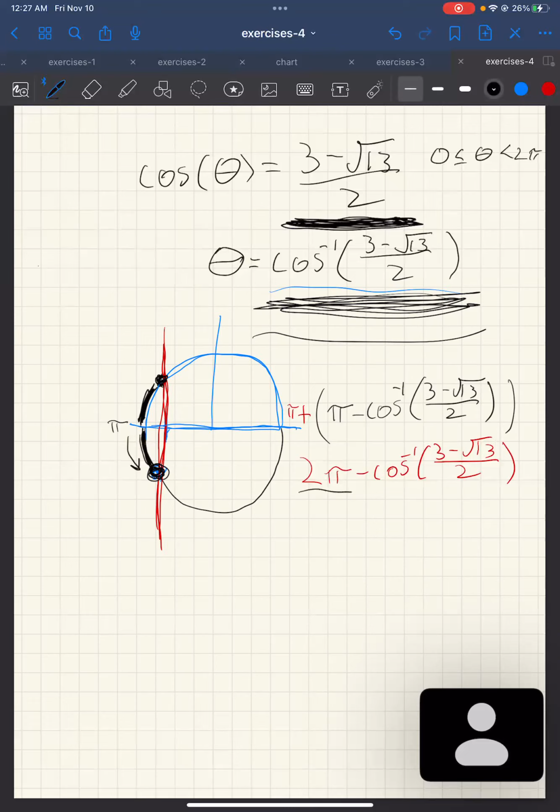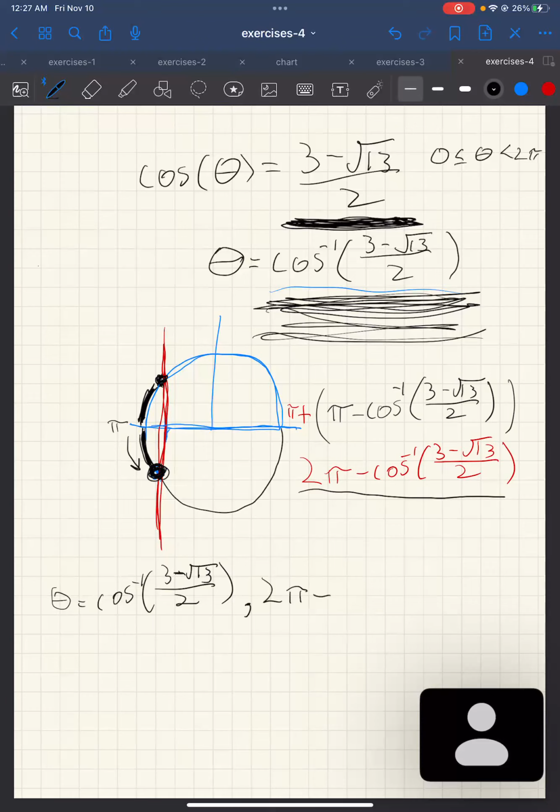So this is my angle in this quadrant, whereas this is my angle in the second quadrant, on the top part of the unit circle. There turns out to be no better way of writing these than saying theta is cosine inverse of 3 minus the square root of 13 over 2, and theta is 2 pi minus that number, cosine inverse of 3 minus root 13, all over 2.